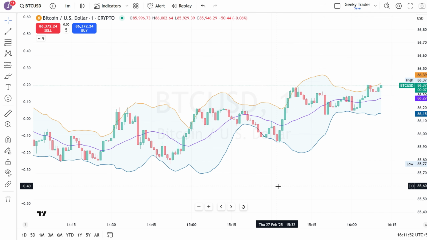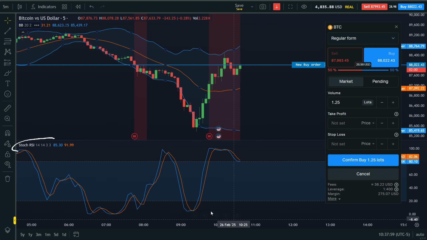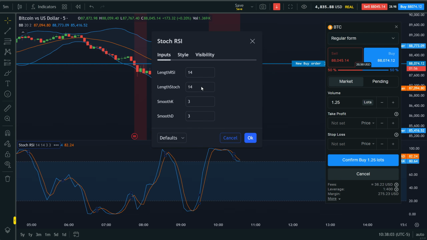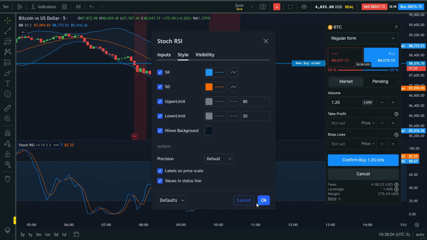executing our trades today. The second indicator we'll be using for this strategy is Stochastic RSI. This is a great momentum-based indicator that helps us identify overbought and oversold conditions in the market, making it a key component of our trading setup. Just like the Bollinger Bands, I'm keeping all the Stochastic RSI settings at their default values, so there's no need for any adjustments.